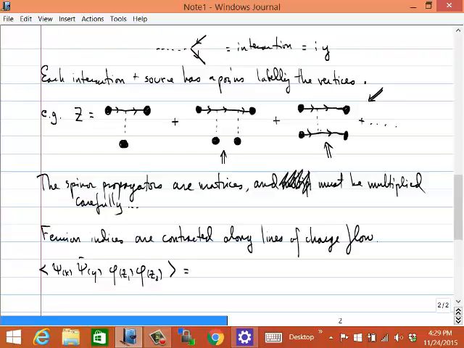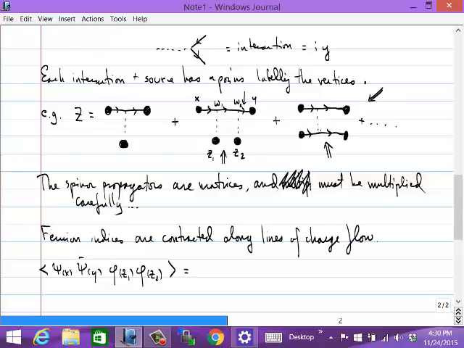So how would we go ahead and read that off from this Feynman diagram? Well, so here the fermions are inserted at x and y. Psi is inserted at x because that's a source for charge. The psi bar is inserted at y because it's a sink for charge, so the arrow flows into it. And here the two scalars are inserted at z1 and z2. And let's say that the interactions happen at locations w1 and w2.